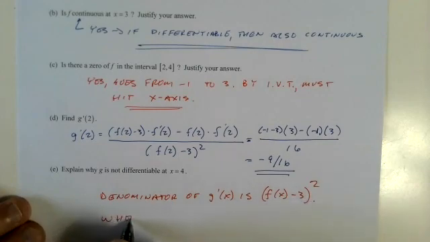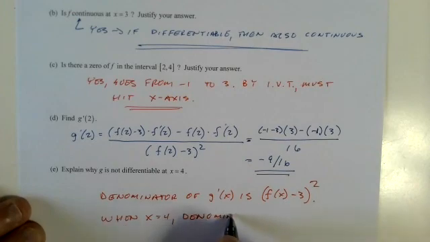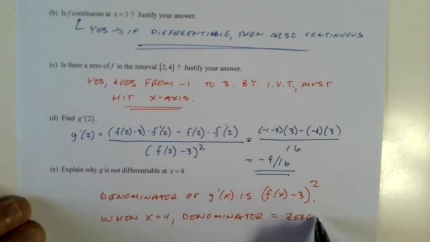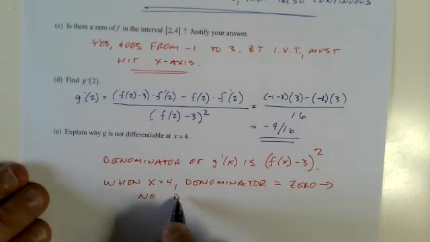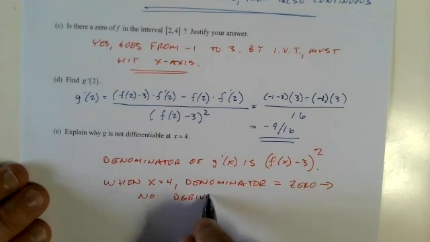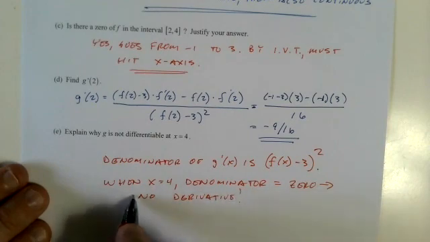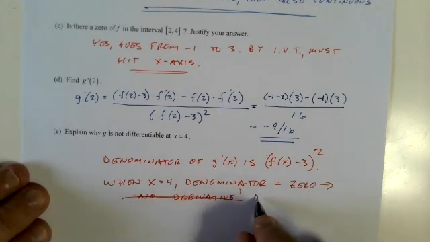When x equals 4, the denominator equals 0, no derivative. Derivative is undefined.